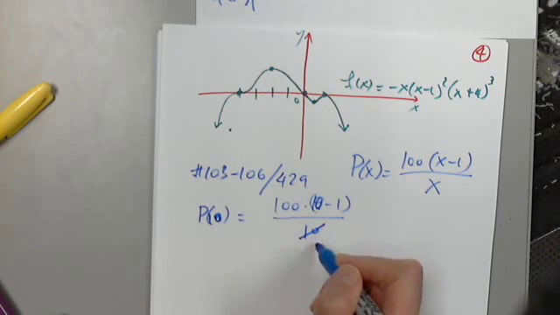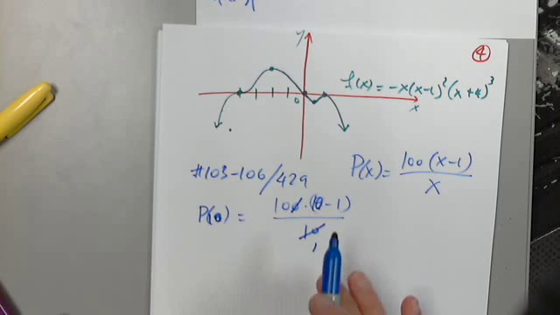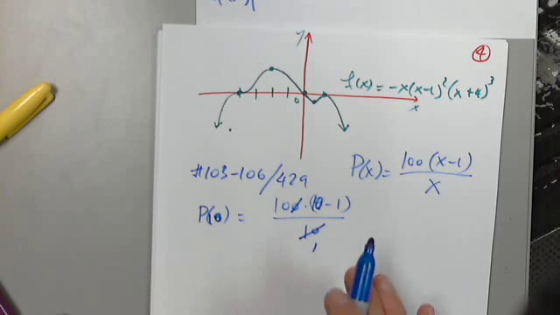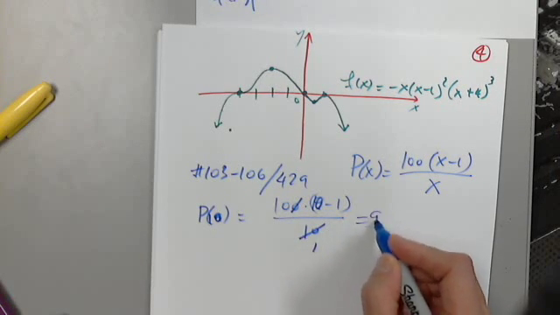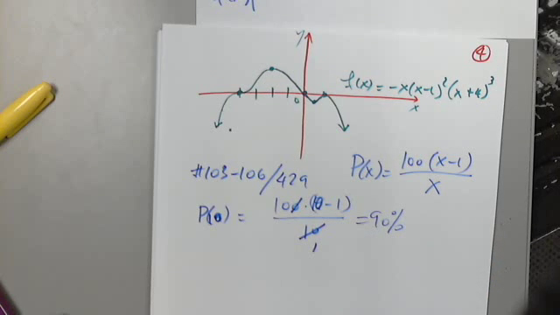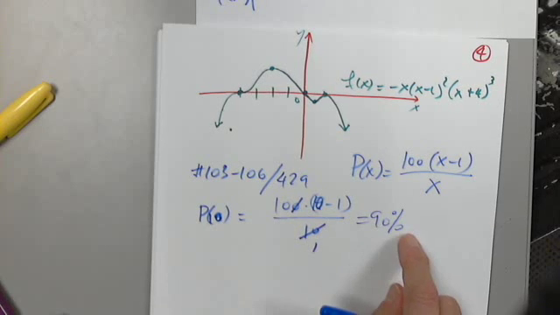I will simplify the factors. 10 minus 1 is 9. 9 times 10 is 90%. So if the disease's incidence ratio X is 10, among all deaths, 90% of them appear to be smoking-related diseases.